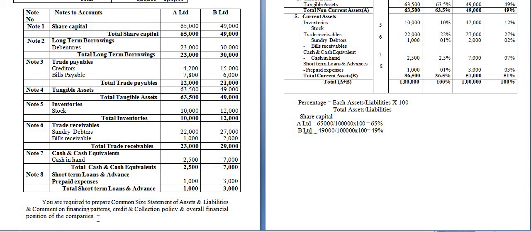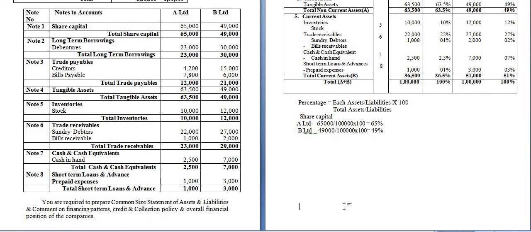So this is your second assignment. You are going to write interpretation on the common size statement of A Limited and B Limited, taking into consideration all these points. You will be commenting on the financing pattern of the firm, credit collection policy, as well as overall financial position of the companies.